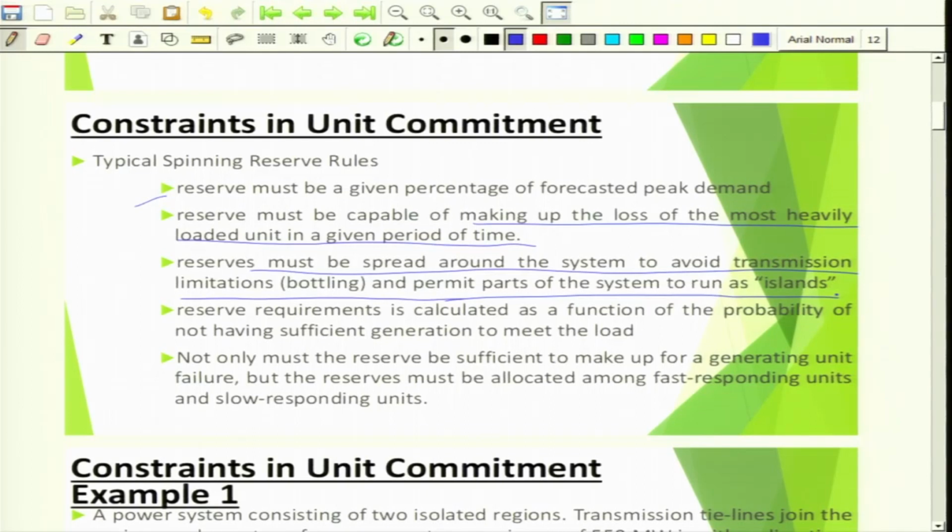That means it is not that spinning reserve is kept at one corner of the system. If that is the case, then what happens? There is also the thermal capacity of the line that needs to be considered. If there is a loss of generators in another part of the network, and due to the limitation of thermal capacity of the line you cannot push in the power, though you have reserve available, you are not able to pump the power to another part of the network which is in need of power due to the failure of, let us say, one of the important generators or an overloaded generator, then that spinning reserve has no sense.